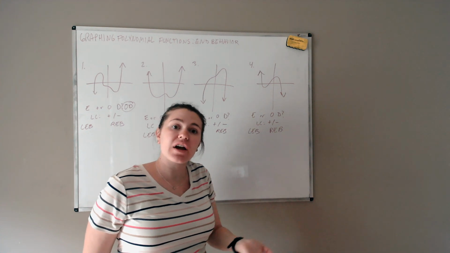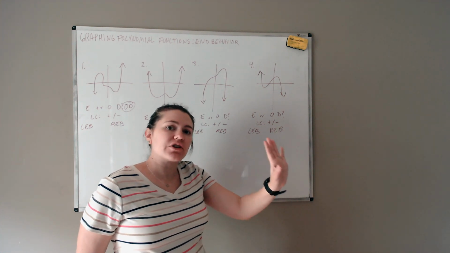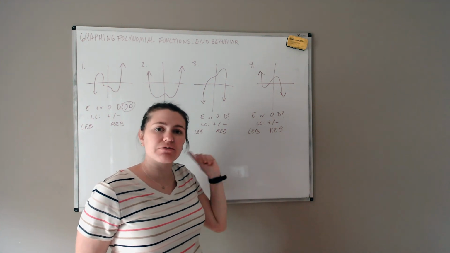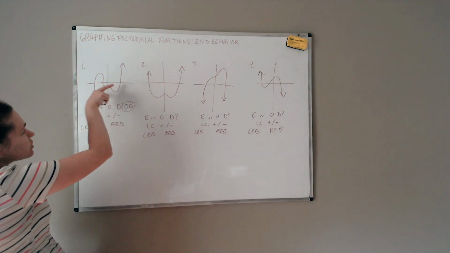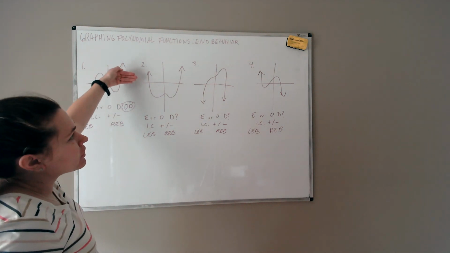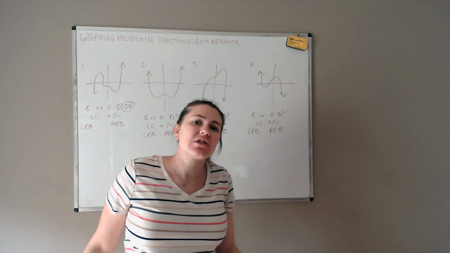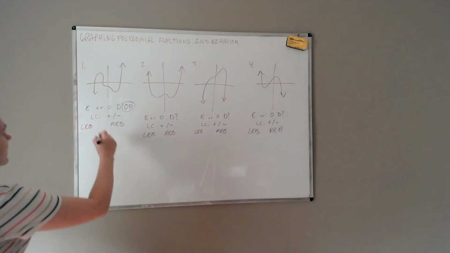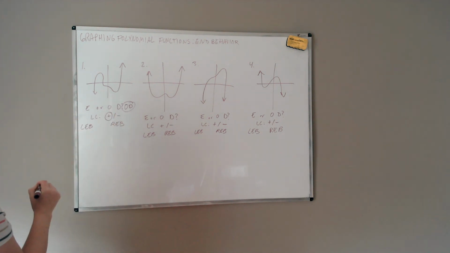The right end is going up, which means there is no negative leading coefficient taking a positive number, because this is when x is really positive, our right end. The only way that inputs that are really positive can output something negative is if that leading coefficient was negative. So that means the leading coefficient is positive.